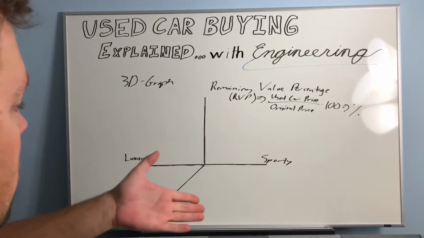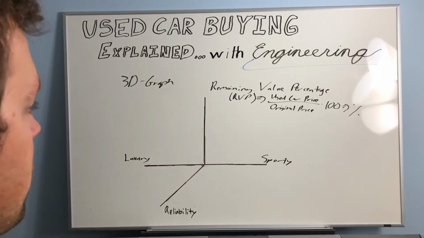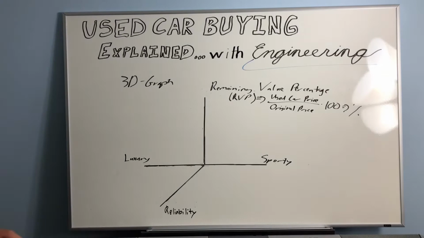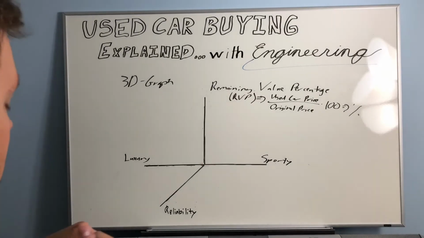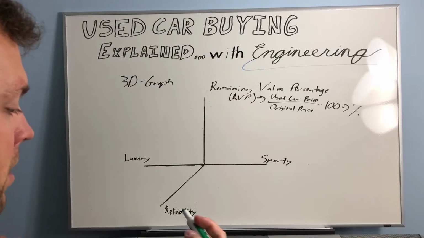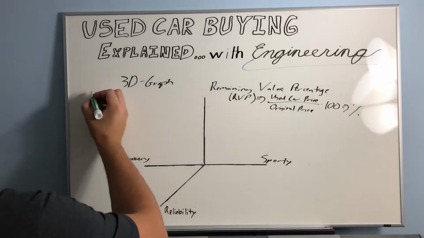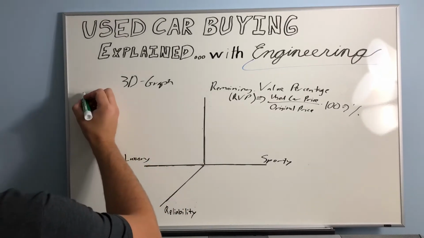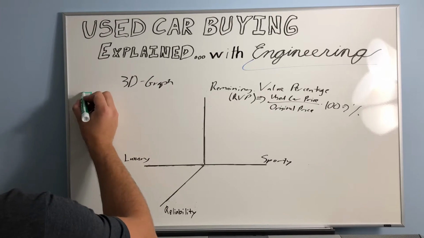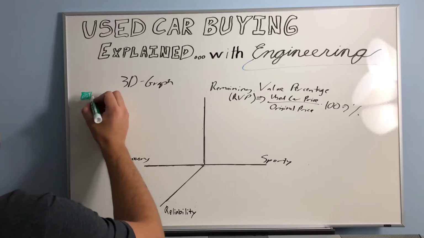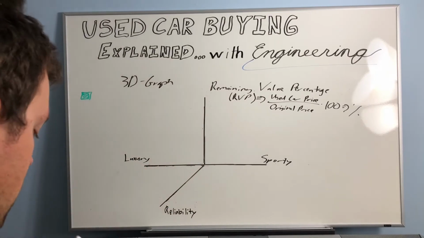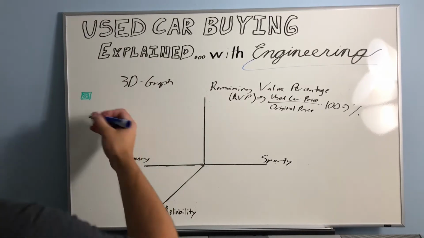So now we have these three different metrics to plot a car, but we're not going to stop there. We have one additional metric now, and that's going to be maintenance cost. So I'm going to have three different colors here. I'm going to call this green square here the most inexpensive.